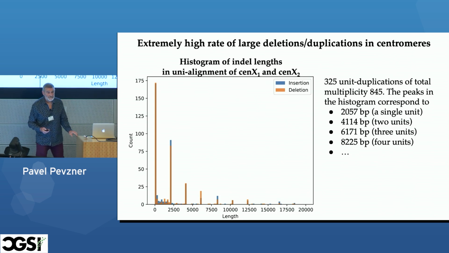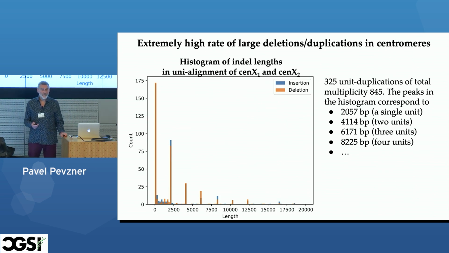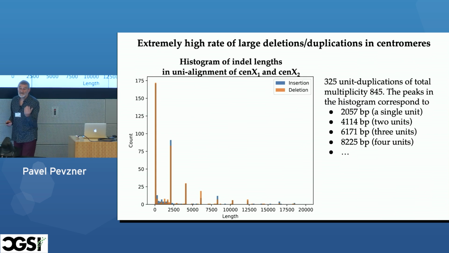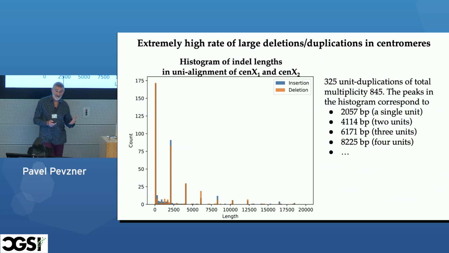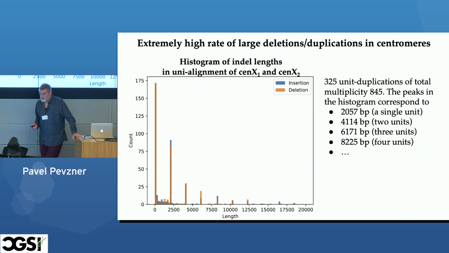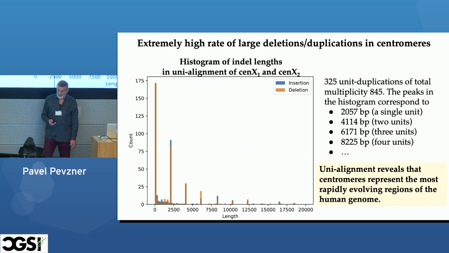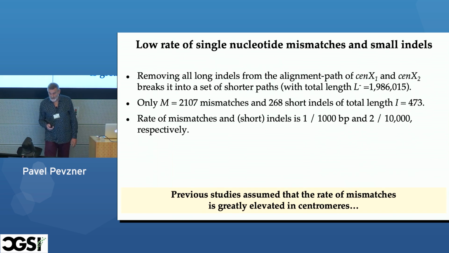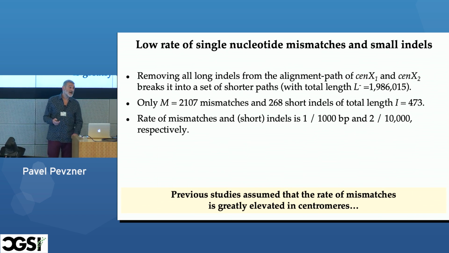What we learn: an extremely high rate of tandem deletions and tandem duplications in the centromere, which gives us hope that we can analyze recent human evolution based on centromeric analysis if we find accurate alignment. And the previously thought statement that there is a highly increased single nucleotide mutation rate in this region is incorrect.